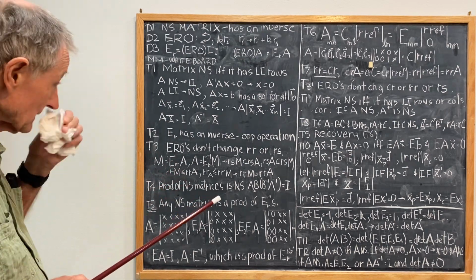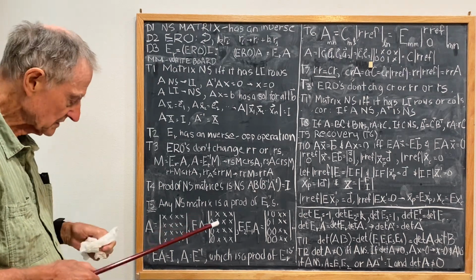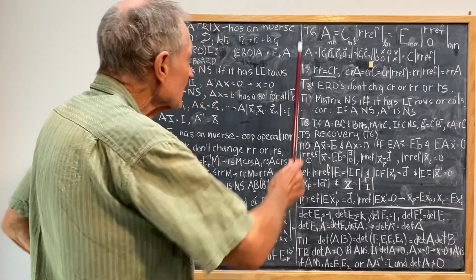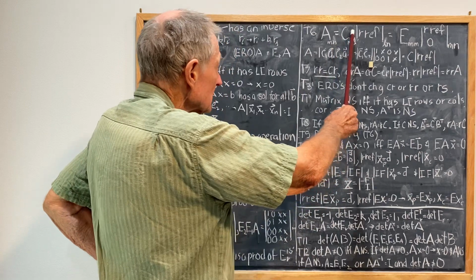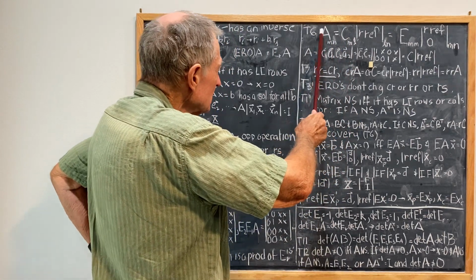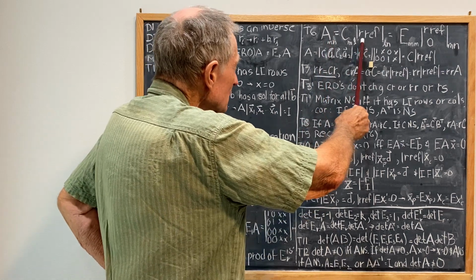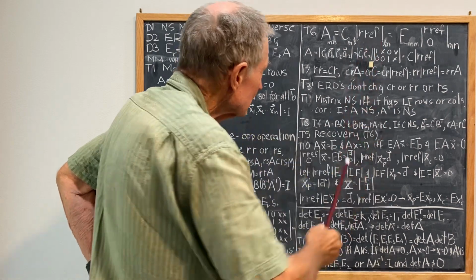Now we get to some more complicated stuff. Any matrix A can be put in the form of a column matrix C, consisting of the first linearly independent columns of A, times a matrix in reduced row echelon form.